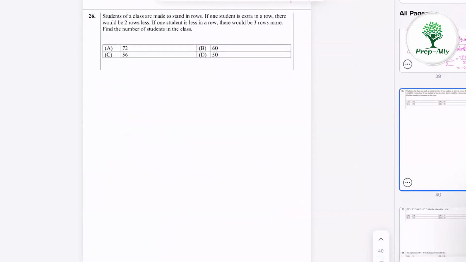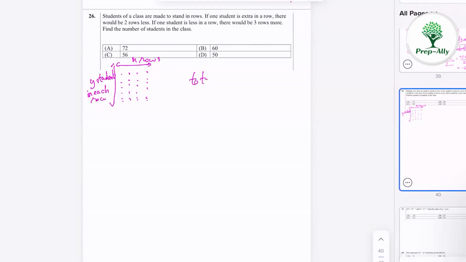So let's see question number 26. In a class, the students are made to stand in rows, right? So let's say there are X rows and Y students in each row.